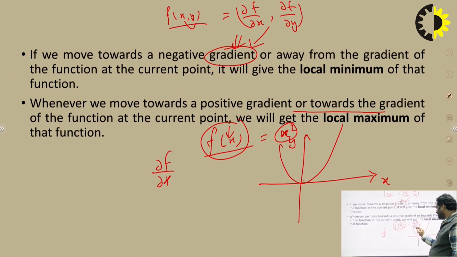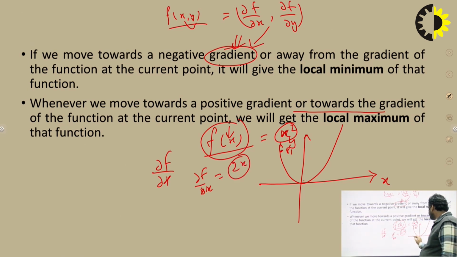Or we can say, suppose we start at a random point. This is our random point, point 1. To find the gradient at this point, we need to differentiate this function with respect to the given parameter. The parameter is x, so df upon dx will be 2x.